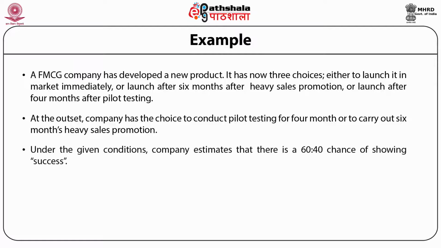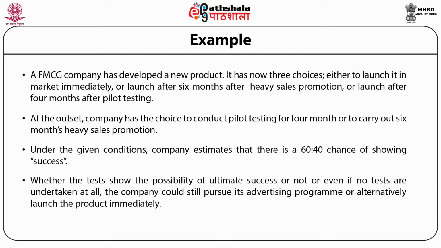The company estimates that there is a 60-40 chance of showing success. Now, whether the tests show the possibility of ultimate success or not, or even if no tests are undertaken at all, the company could still pursue its advertising or promotion program, or alternatively launch the product immediately.